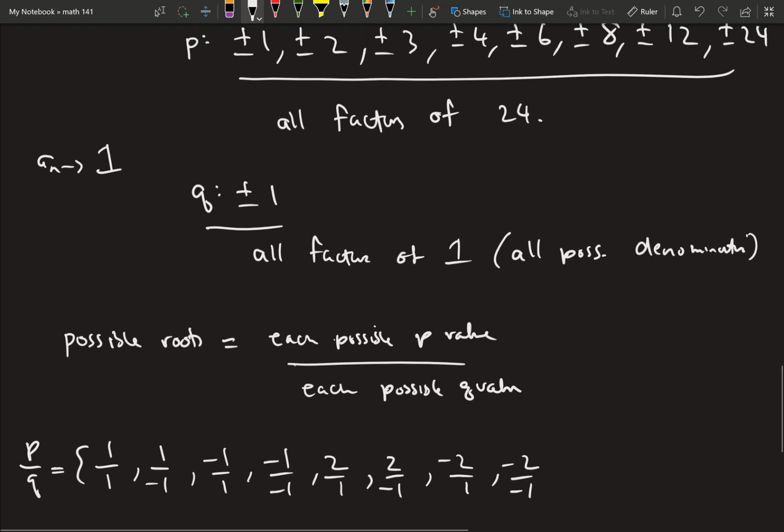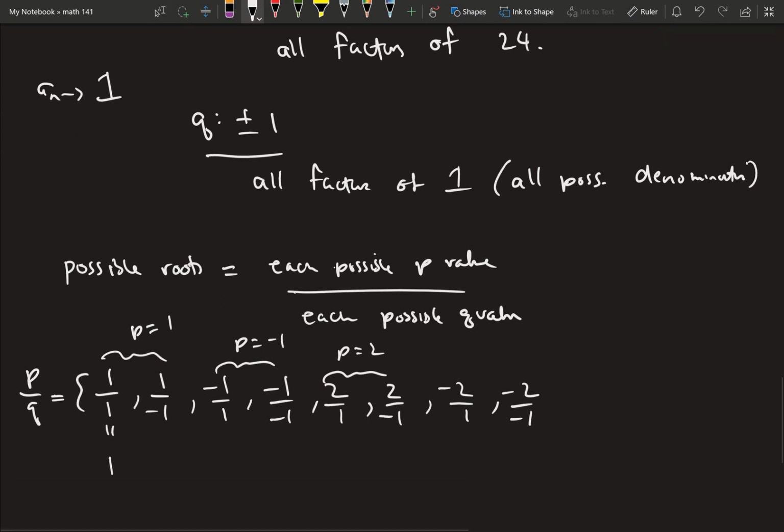I'm just taking each p-value. So this is for p equals 1. Here p equals negative 1. Here p equals 2, and so on. You can see already there's a bunch of redundancies, like this one equals 1. This one also equals 1.